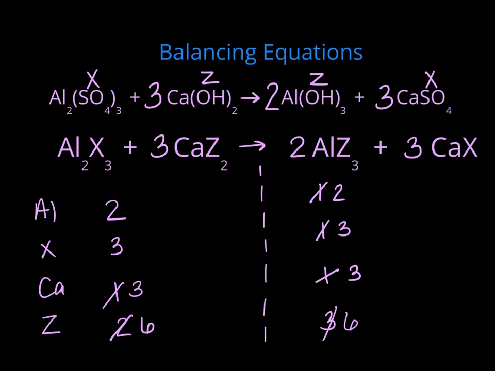When I write these coefficients back into my original equation, I have 2 aluminums, 2 aluminums, 3 sulfates, 3 sulfates, 3 calciums, 3 calciums, 6 hydroxides, and 6 hydroxides. So I am balanced.